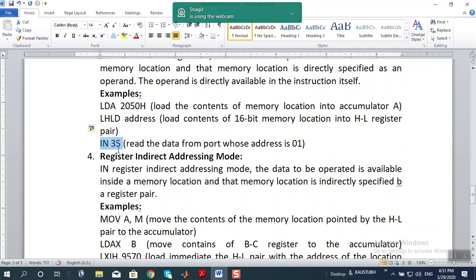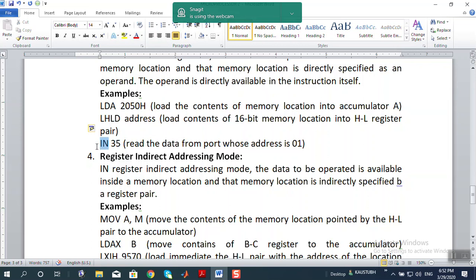Another example is this, IN 35. This 35 is nothing but an 8-bit port address, not a memory address, because a memory address should be 16-bit. This 35 is a port address, that is the address of any extra hardware I/O device you are connecting. IN means copying in, getting in to where? To the accumulator.